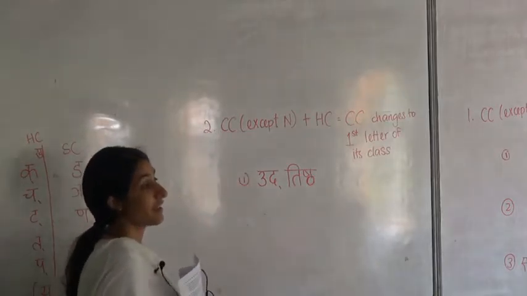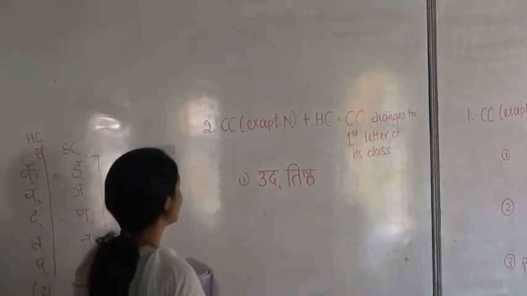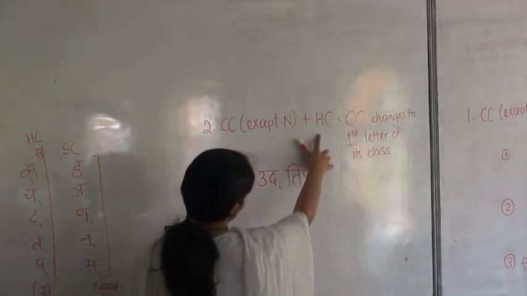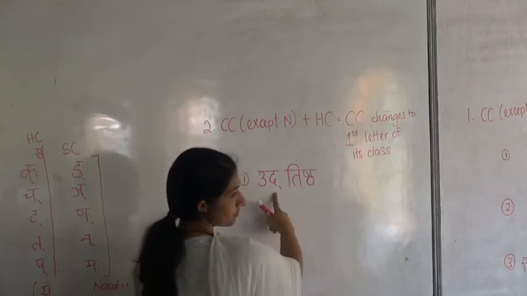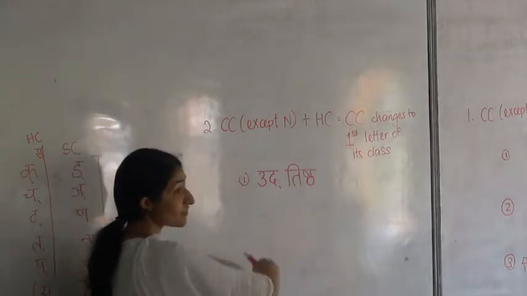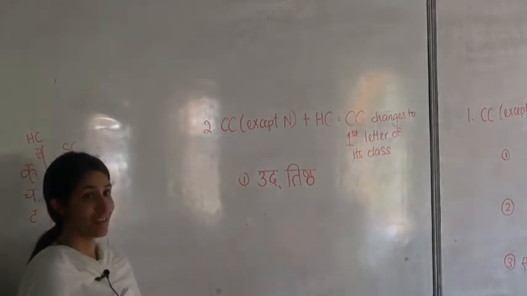Ta is a hard consonant. So this class consonant, the da, meeting the hard consonant, has to change to the first letter of its class. So what's the first letter of the ta line? Ta, right?